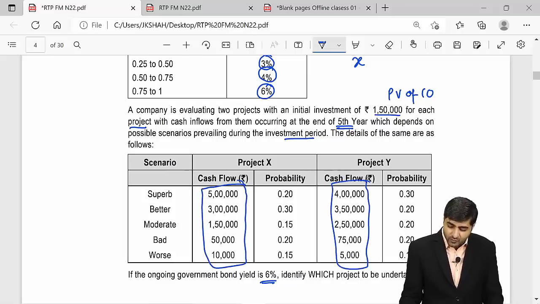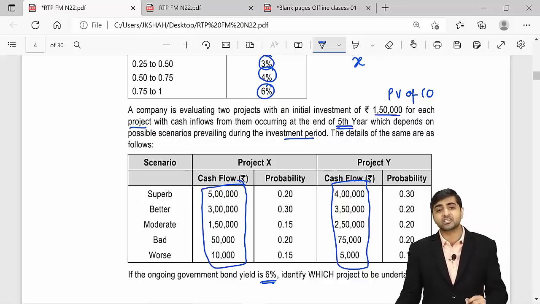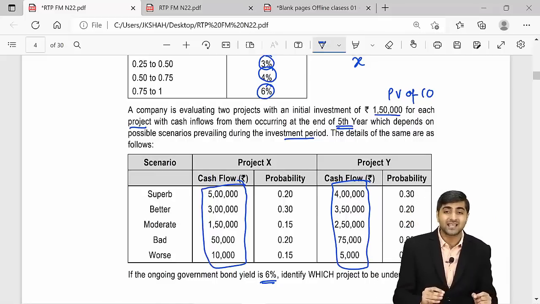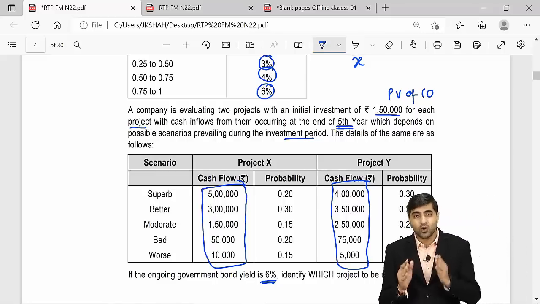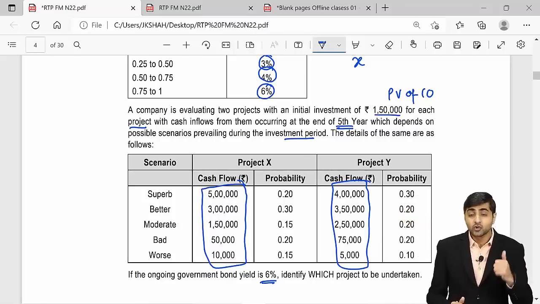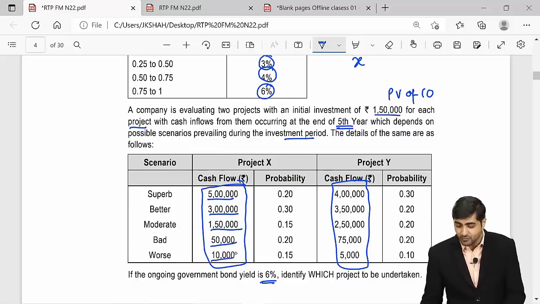So guys, here we don't have cash inflows on per annum basis, but we have the cash inflows occurring only once, and that is at the end of the 5th year. So you have to invest 1,50,000 today, and at the end of the 5th year, you might get 5 lakh, you might get 3 lakh, you might get 1,50,000, you might get 50,000, or you might get 10,000.